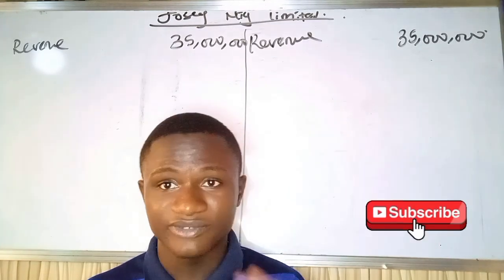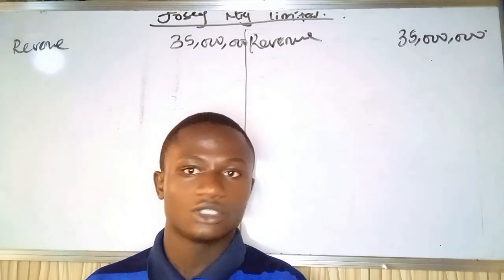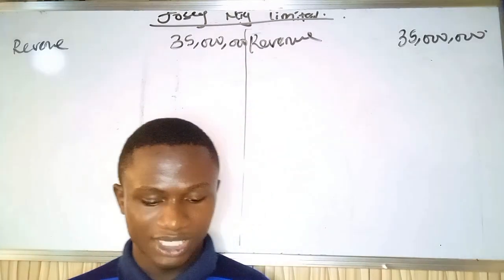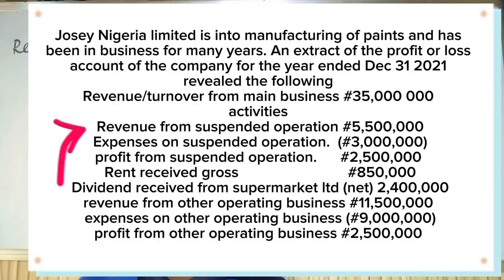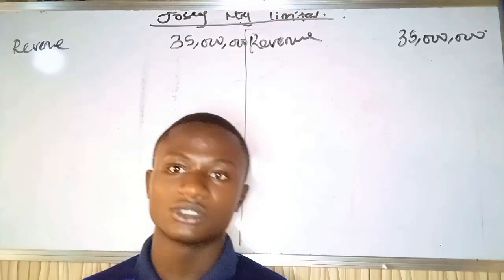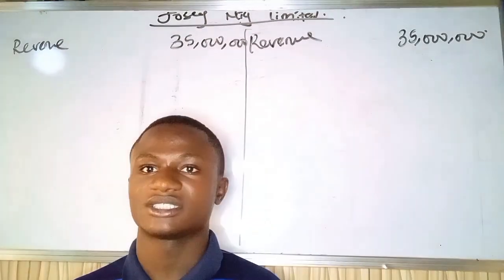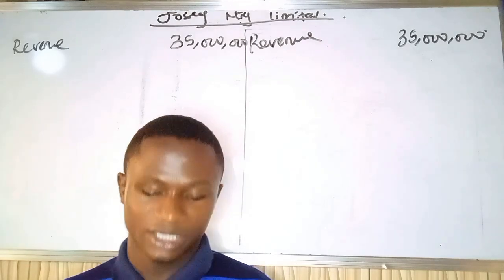Your expenses are irrelevant. All you need is the accumulation of the total income we made. Leave your expenses alone. Revenue from suspended operation is 5,500,000, expenses 3 million, so the 3 million was subtracted from 5,500,000 to get your 2,500,000. But you don't need the profit and you don't need the expenses. What you need is the revenue, because you are dealing with revenue before subtracting all expenses, and that is why it is called gross income.